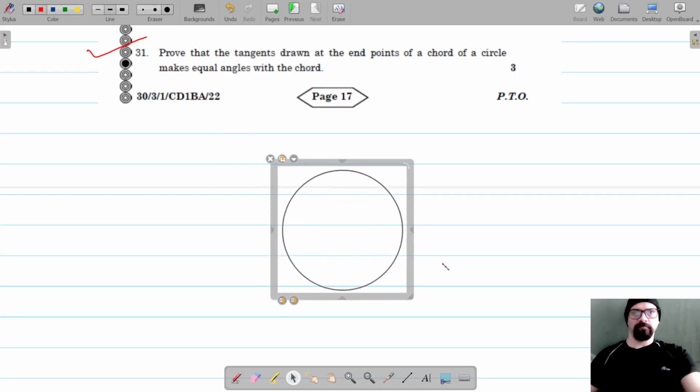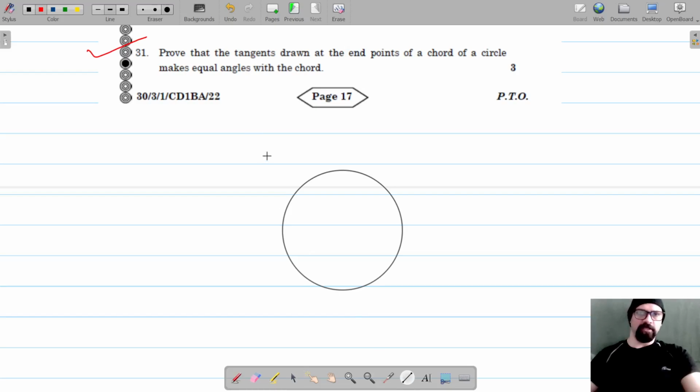Okay, so I'm going to draw the tangents at the endpoints of the chord. So let's say this is a chord, and at its endpoints we draw two tangents.